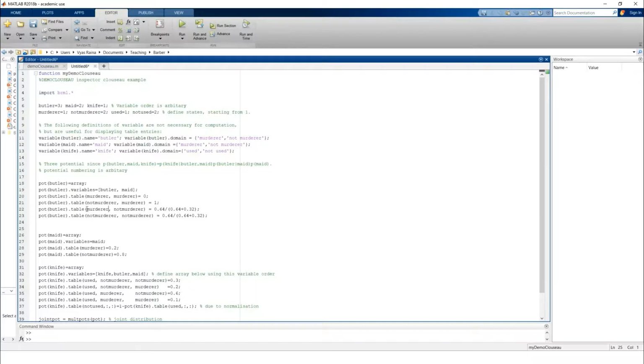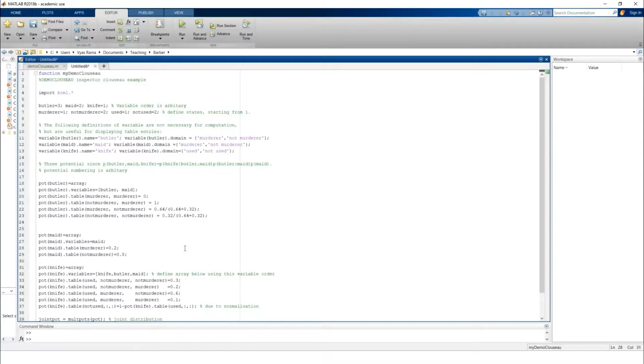And we have iterated through the two different values butler can take. Or we can use the given probability rule as above and say this is the probability of the maid and butler being not murderer, which is 0.32, divided by the probability that the maid is not murderer, which is exactly the same as above, 0.64 plus 0.32.